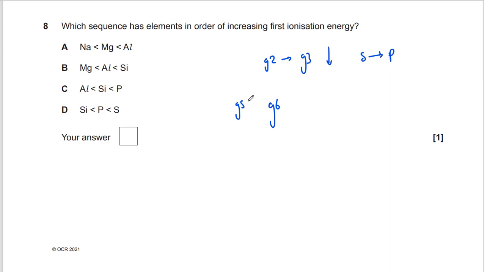It's very important, this as well, because when you go from group 5 to 6, there is also a drop because you are now pairing electrons in the p orbitals.